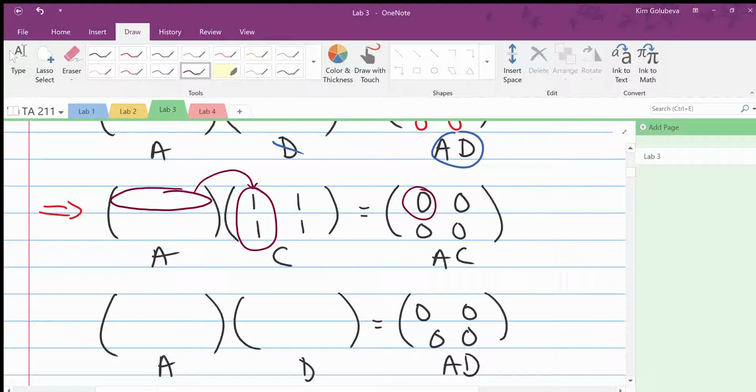So I have to think about, okay, what can I multiply by 1, and then what can I multiply by 1 here, and what can I multiply by this one here, such that they will add together and give me 0.